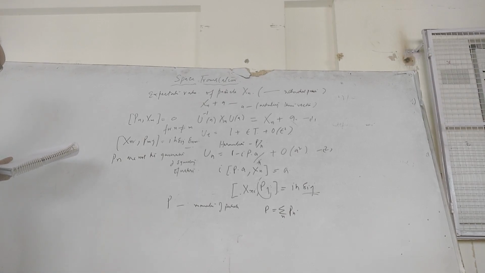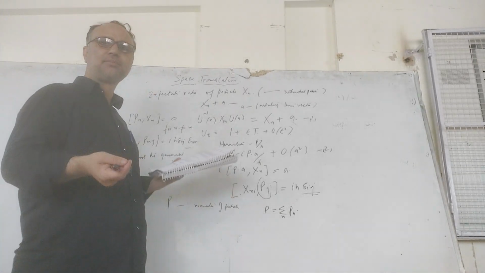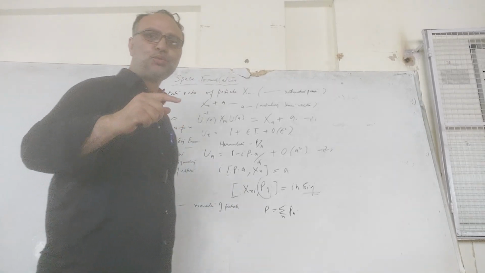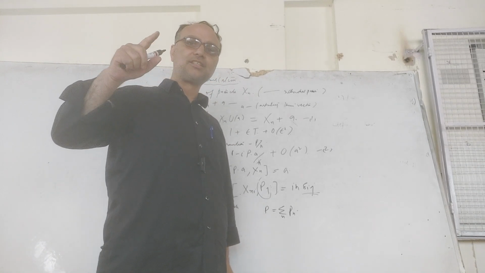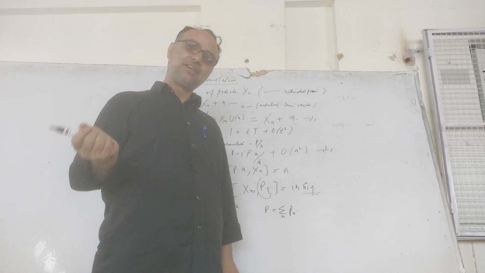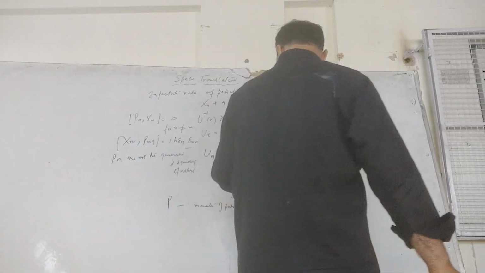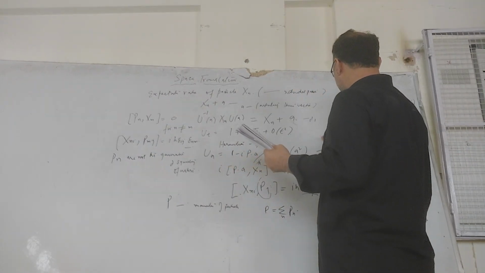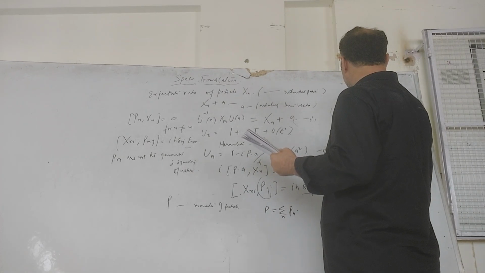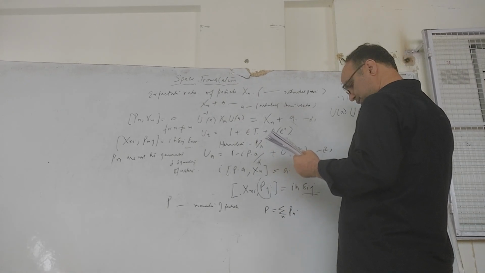Now the question is that a translation may be followed by a translation by vector B. So just like we have U inverse U equal to 1, you can have a translation acting on A and a translation acting on B, or vice versa. You start with B and then come to A. So we can say that U_A U_B can be written as U_B U_A.